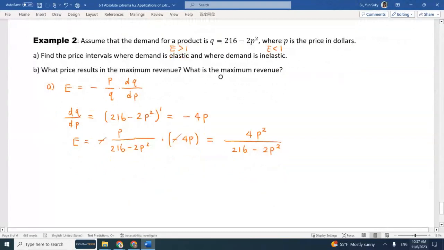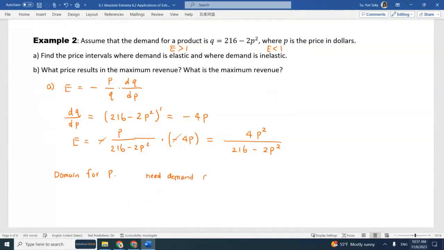First of all, you want to find the domain first. Okay. What's the domain for P? Well, you need the demand Q to be greater than or equal to 0. Do you agree, everybody?